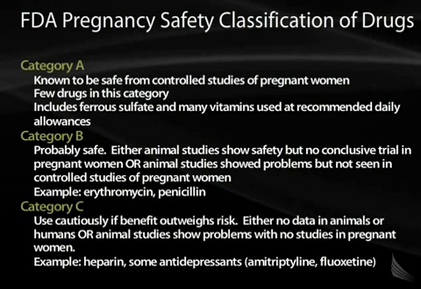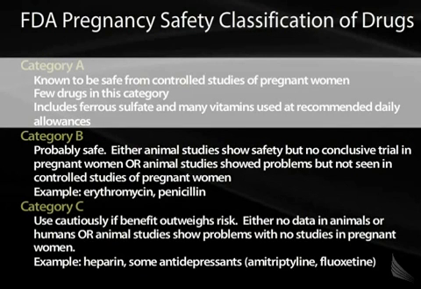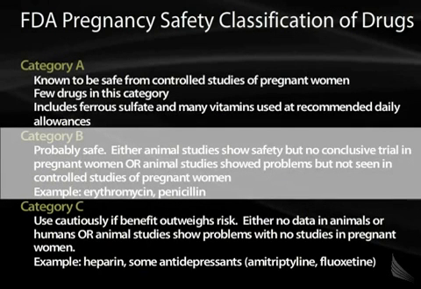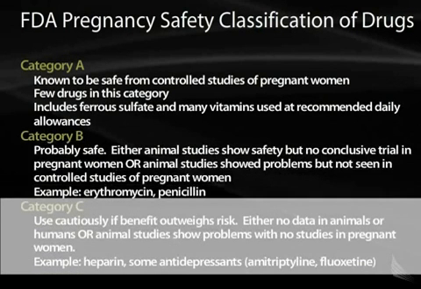The FDA has a classification of medications in terms of their safety during pregnancy, category A through category X. Category A are known to be safe, and usually medications that fall in this category are simply vitamins. Category B are probably safe medications, such as penicillin and erythromycin. Category C should be used carefully if the benefit of using it outweighs the risk.